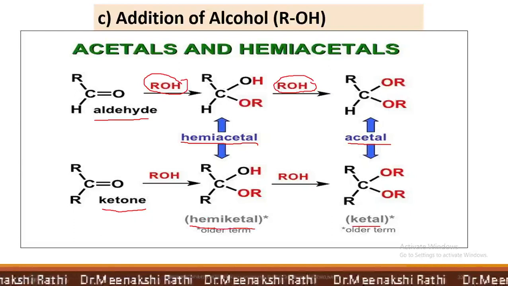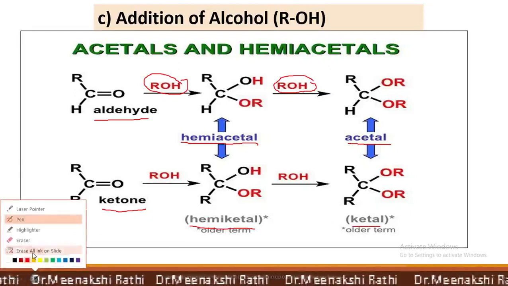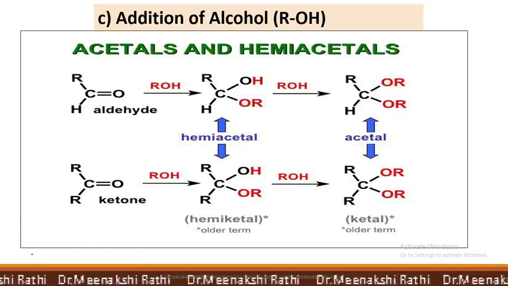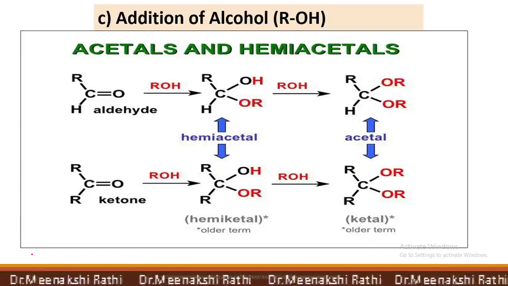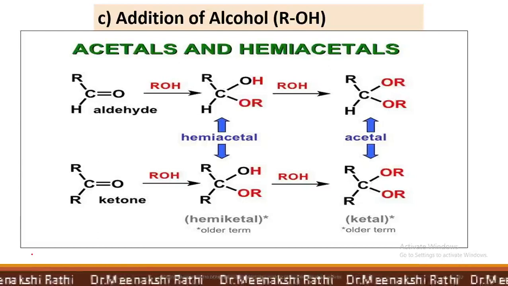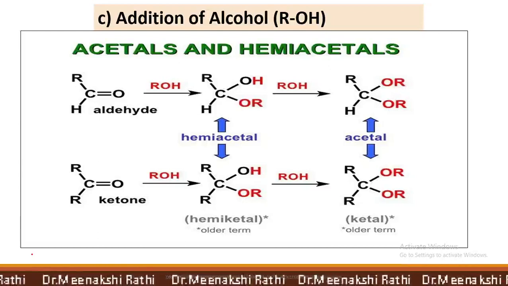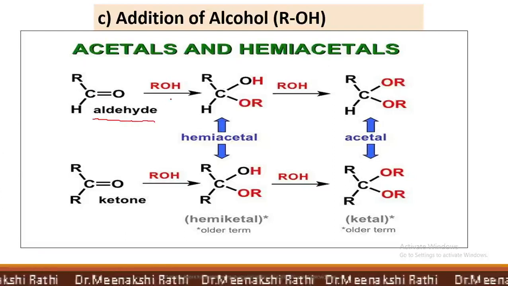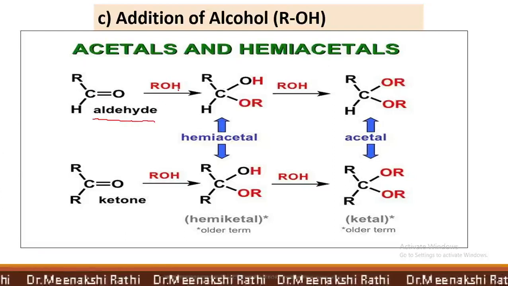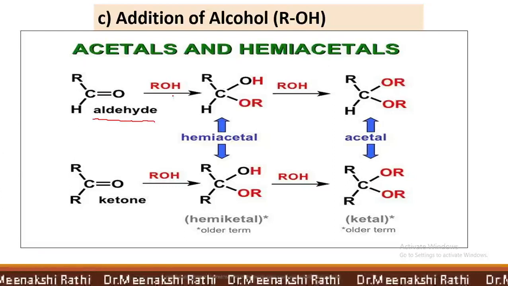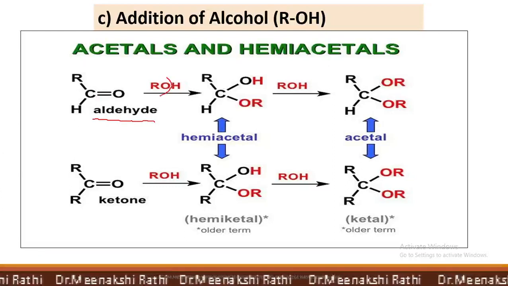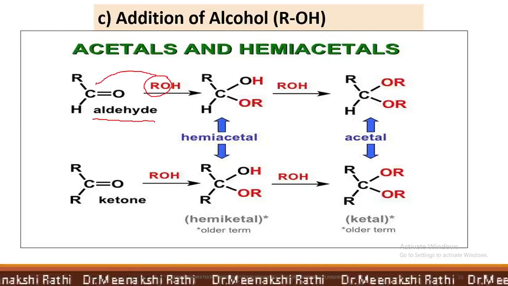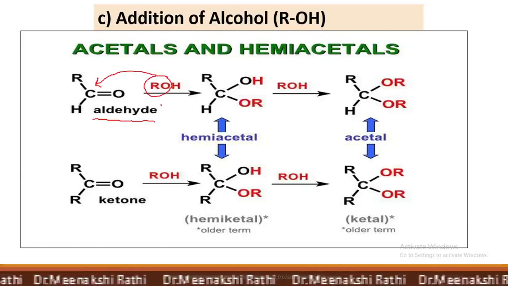But this was the older term, now even for aldehyde and ketone, the products formed are hemiacetal and acetal. So see here, when aldehyde, this is RCHO, reacts with alcohol, ROH, OR is the negative part, so this negative part goes to carbon and H goes to oxygen.